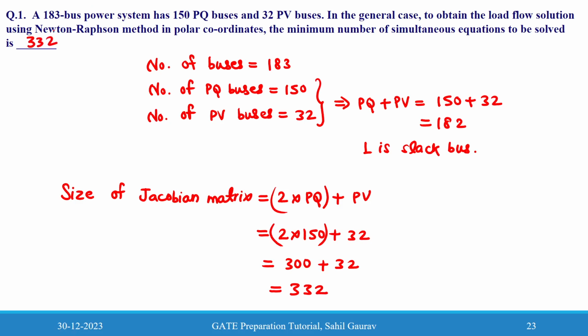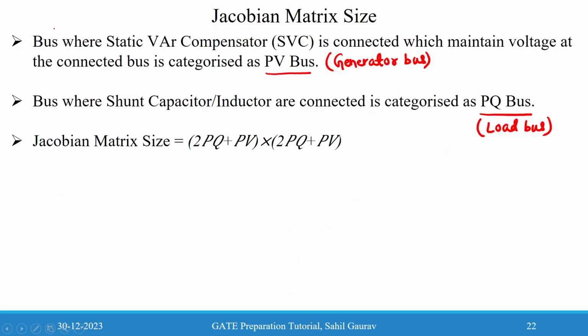That is the answer. So here why we have taken 2 into PQ? Because for PQ bus you have to determine both. That's why we have taken two times of PQ.